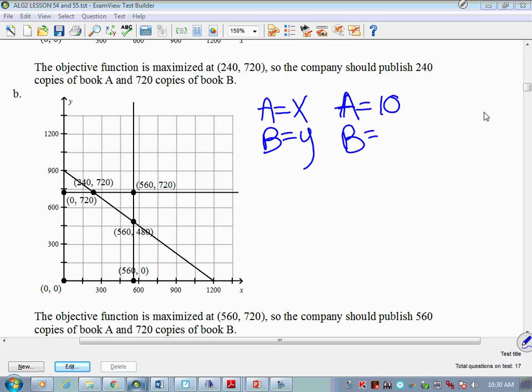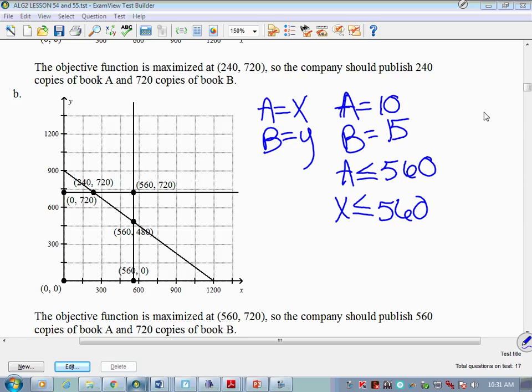And my profit for B was 15. Okay? All right, we know that. The other thing was A was less than or equal to 560. Well, A is x. So if x is less than or equal to 560, we're going to make our x equals line.